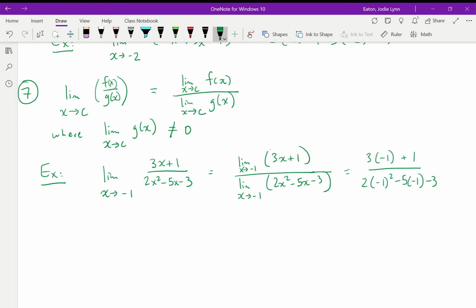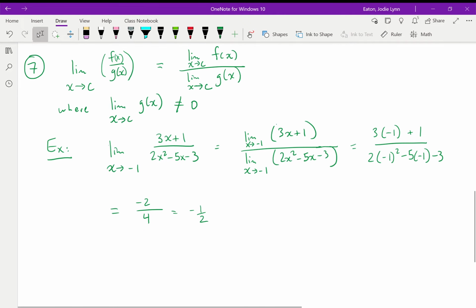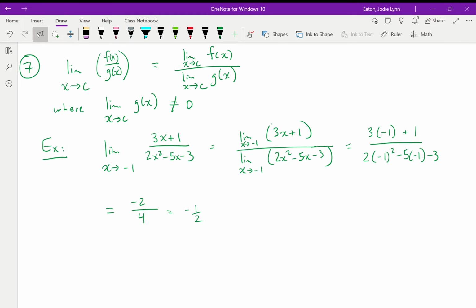The numerator gives me minus 3 plus 1 is minus 2, and the denominator gives me positive 2 plus 5 is 7, minus 3 is 4, so negative 2 over 4, which is negative 1/2, and that will be the y value that we're approaching. And if we were to look at the graph of this rational function, at x equals negative 1, our y would be negative 1/2, and there wouldn't be an asymptote there, and there wouldn't be a hole there. So that's our happy situation when we have division.